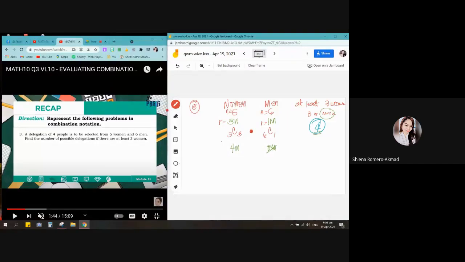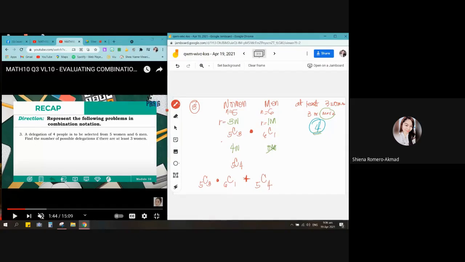Times. How about for the 4 women? That would be combination of 5 taken 4 at a time. So, since either of them will happen, we'll have combination of 5 taken 3 times combination of 6 taken 1, plus combination of 5 taken 4.